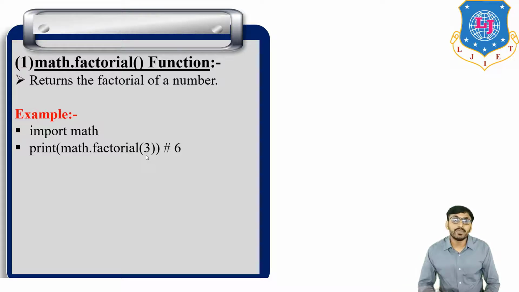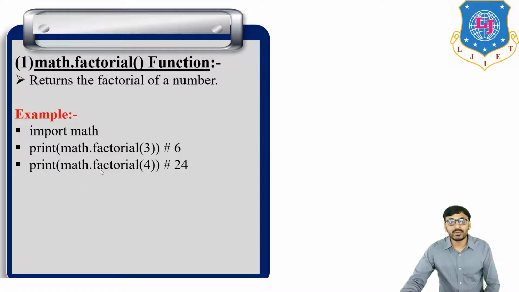If we import the math module, then we have to use any function or variable of that module. So we use this factorial function. Math.factorial(3) is equal to 3 into 2 into 1, and the answer is 6.